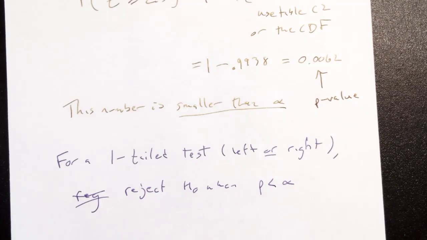But in a two-tail test, I got to check the probability on both sides, right? So I'll compute one p-value, but it'll only be for one side. So I'll have to multiply by 2.